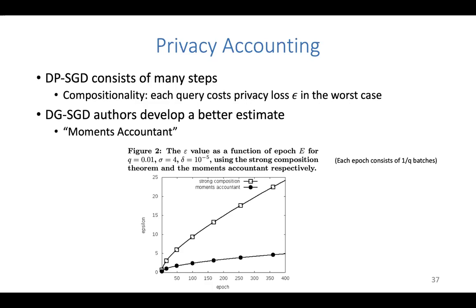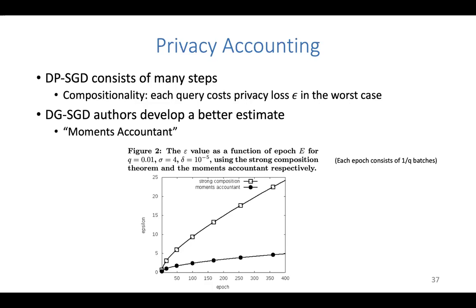For example, let's say that you use an epsilon value of 1. Then it means that your mechanism M is bounded by the ratio e to the power of 1, which is 2.7.